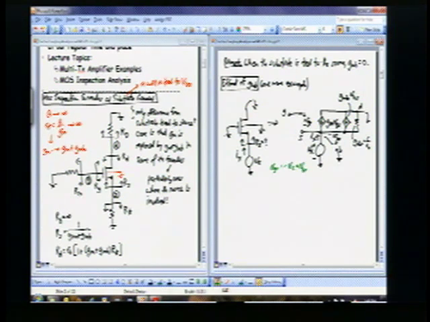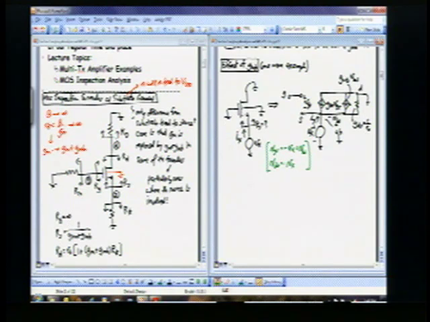And if I look at VDS, this is just going from this node to ground. So if I had to write an expression for VDS, that's just going to be minus Vx. So all of these are the same voltage. All of them are minus Vx.